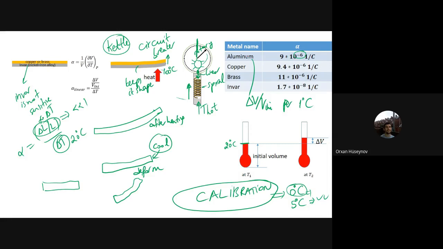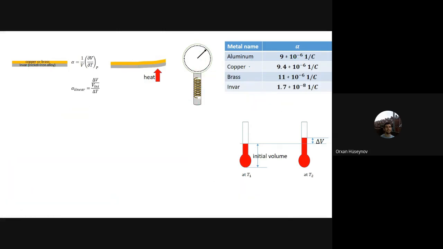So if I heat aluminium 1 degree Celsius, the change with respect to initial volume will be 9 times 10 to the negative 6. If you convert that quantity into a percentage, it means that for 1 degree Celsius, aluminium changes its size by 10 to the negative 4 percent, which is del V by V initial.